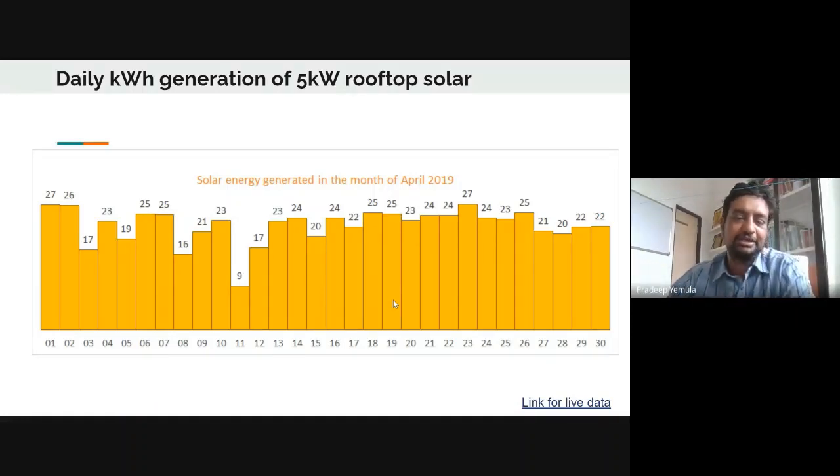You might be having some solar panels in your campus also. I believe that all of you belong to different campuses, and in different campuses you may be having different amounts of solar panels. So try to obtain this kind of data from your panel, so that you can tell whether the panels are performing better or not.